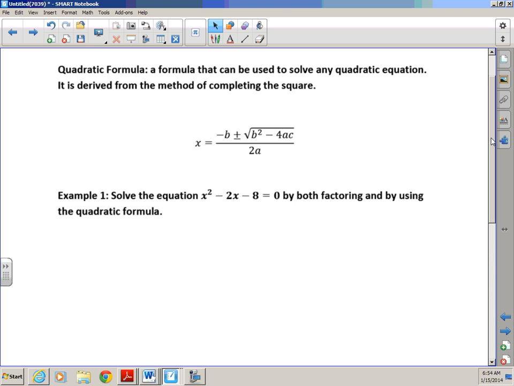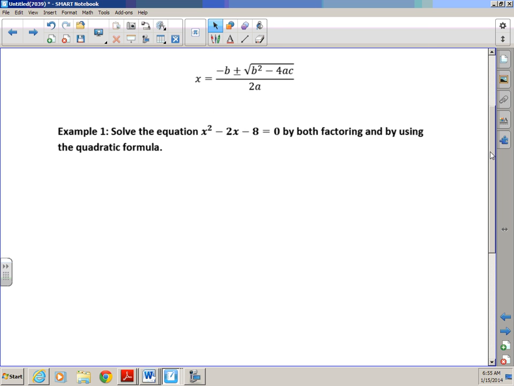And quite simply, like most formulas, all you are doing is plugging in the values for a, b, and c and solving. The thing about the quadratic formula, it can be used any and every time, no matter what. So if you are ever looking at an equation and you are stuck and you are not told how to solve it, you can always revert to the quadratic formula.